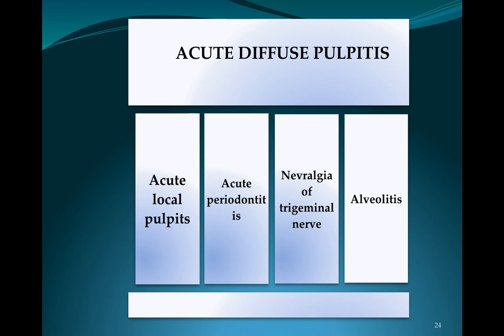That's why when neuralgia of trigeminal nerve, the patient says that I had pain immediately and sharper than normally. Sharp pain, I had sharp pain and immediately. With this we can differentiate acute diffuse pulpitis from neuralgia of trigeminal nerve.